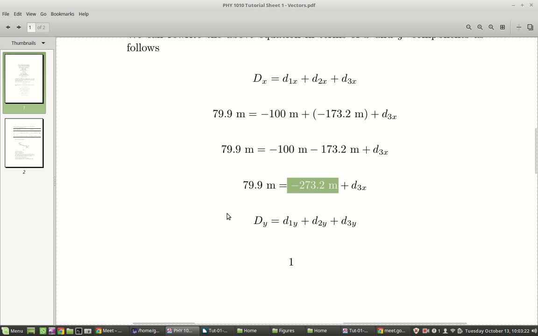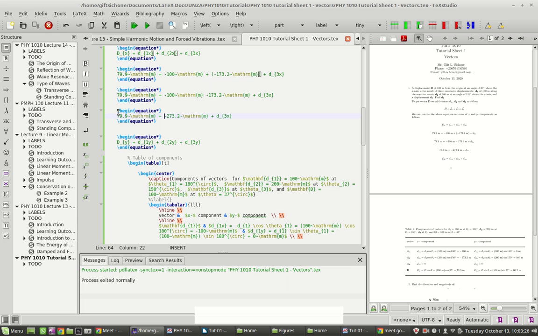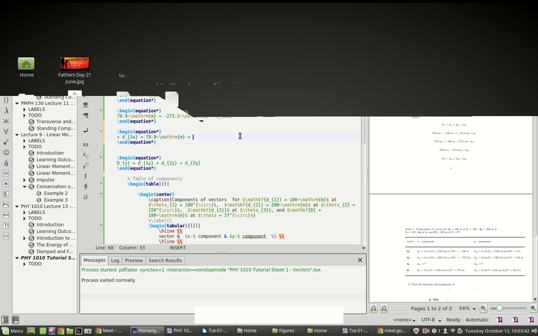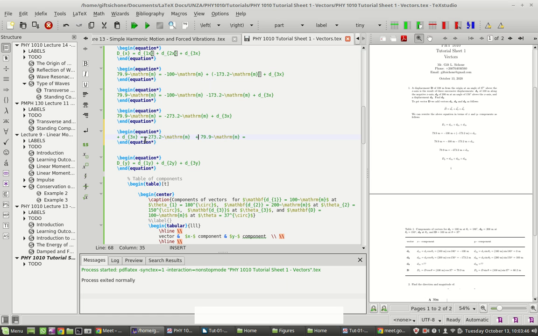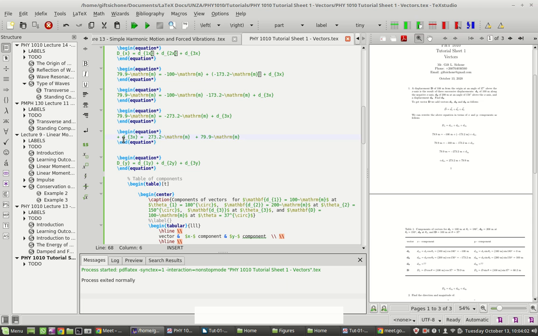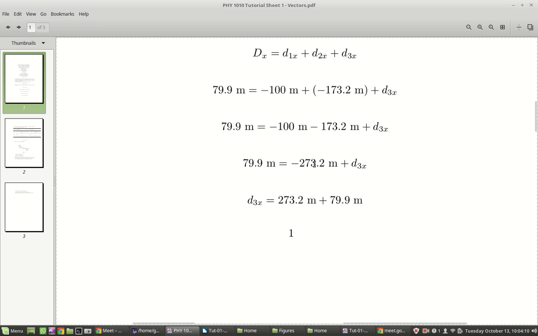So we take this negative value to the other side. When you take it to the other side, we end up having d3x equals 273.2 meters plus 79.9 meters.